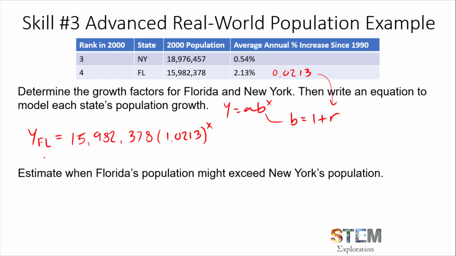to the x years. And then the y of New York is going to be 18,976,457. And this will have a growth factor of 1.0054 to the x number of years.